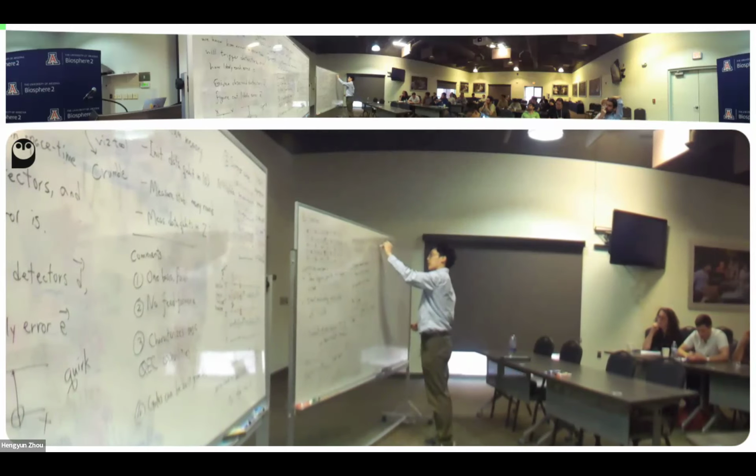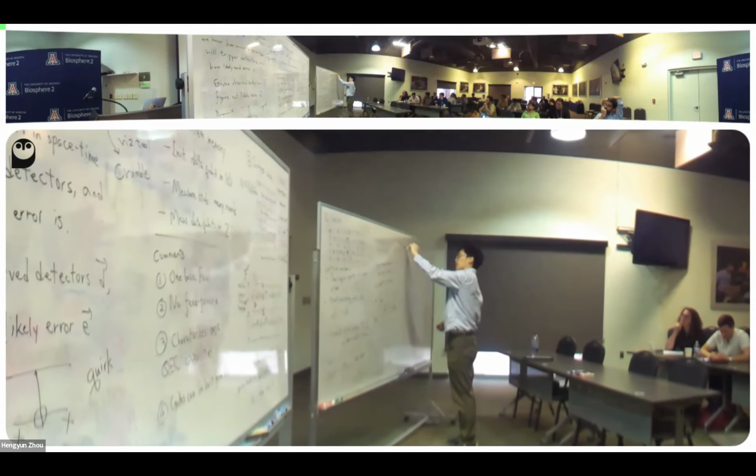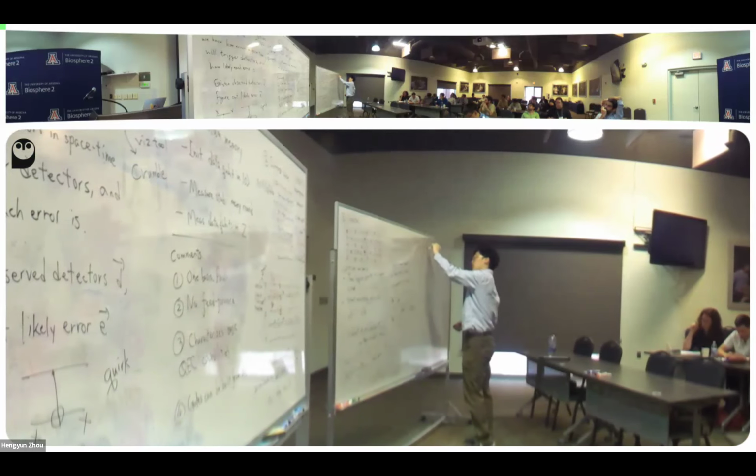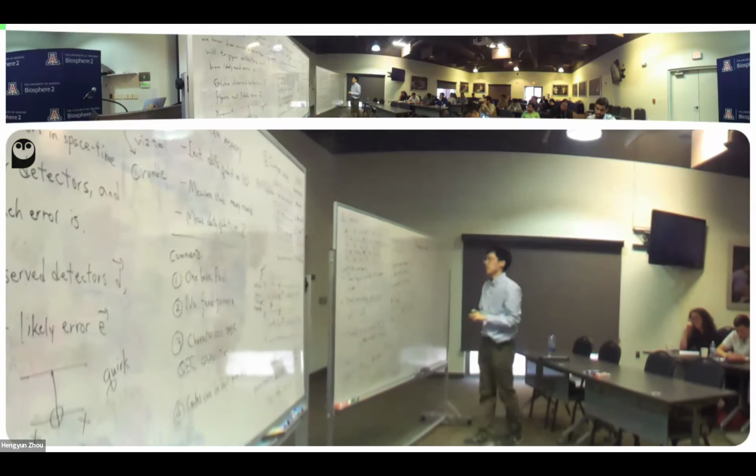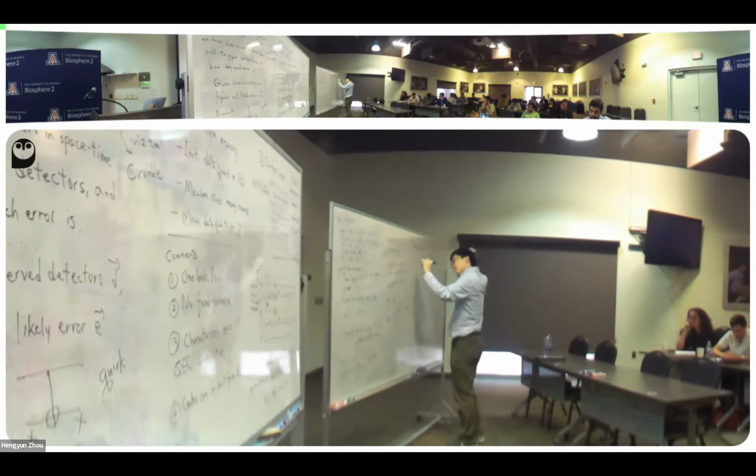So the other type of thing that you can do is what's called a transversal gate. And I'll only show the CNOT gate.